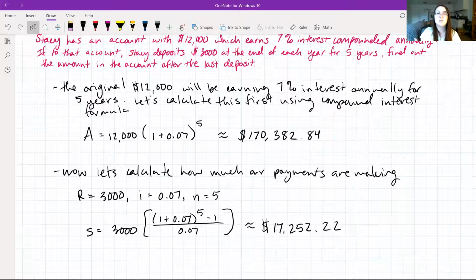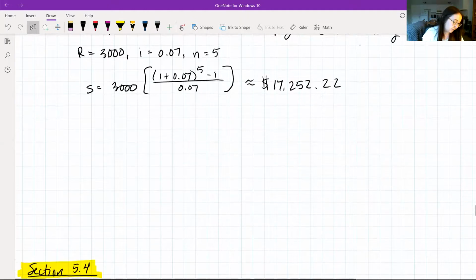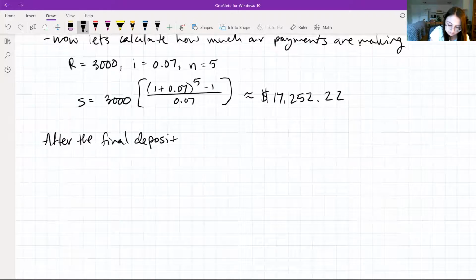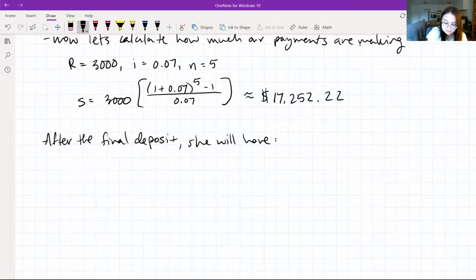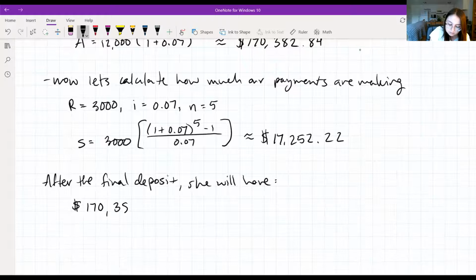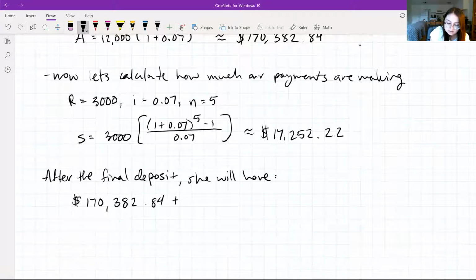Now, since we calculated the interest we'd make on our payments, plus the interest that we would make on our original amount, you could say after the final deposit, she will have, and we have our original $170,382.84 plus our $17,252.22.